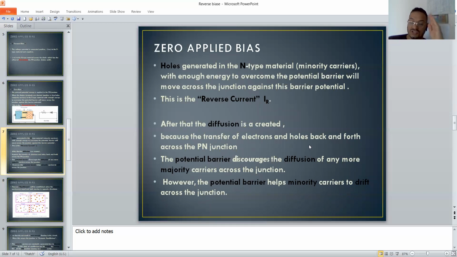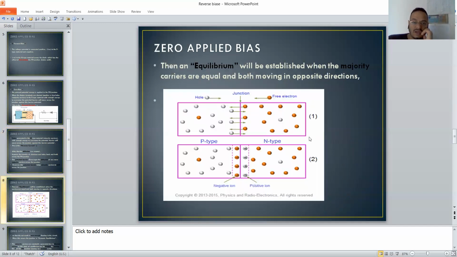That means the potential barrier is a very important element for us, because it will discourage the diffusion by dealing with the majority, and will discourage the drift by dealing with the minority. That's it. And after that, this diagram explains what happened here.